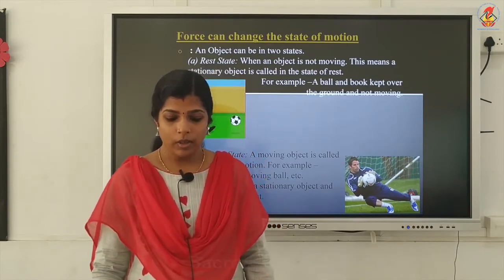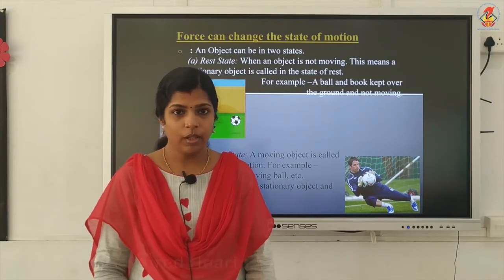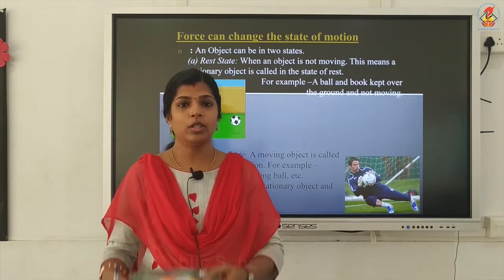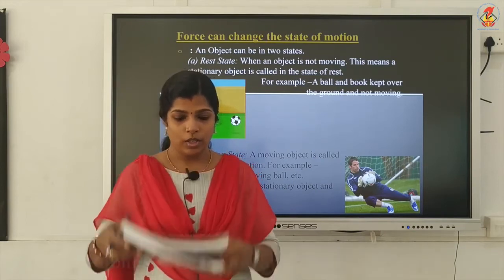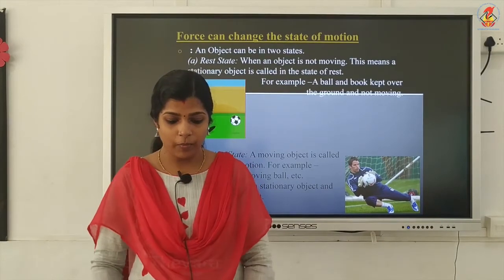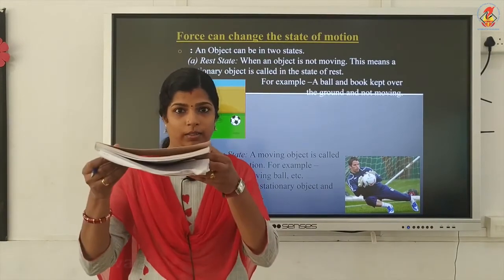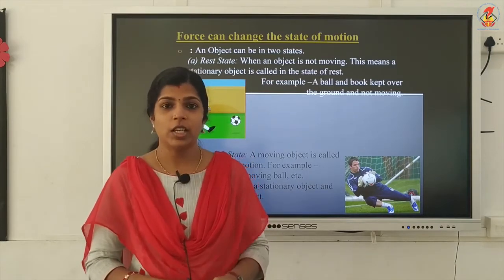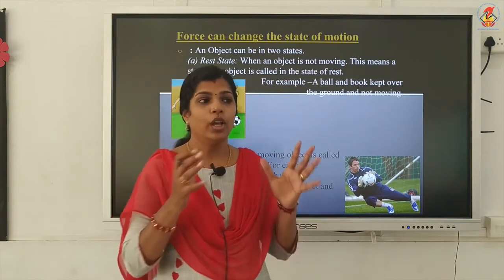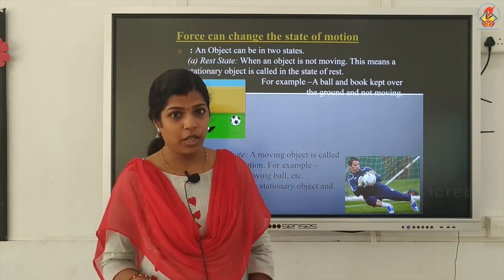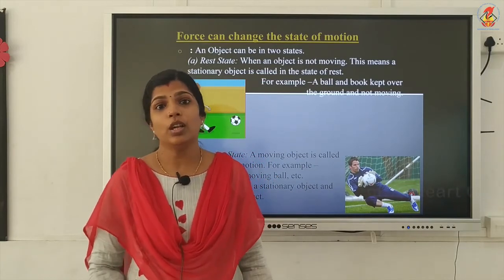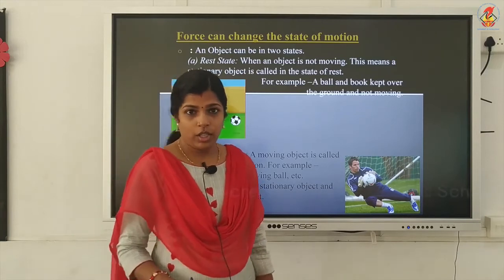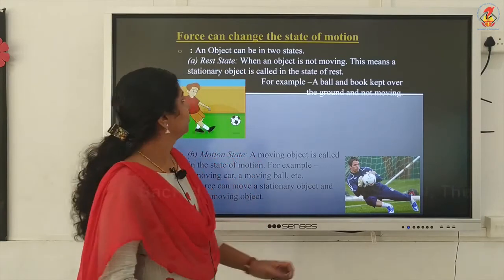Now I am moving it from this table to this height. So the book moved from one point to another, which means it changes its position. So a force can move a stationary object, or it can change the position of an object.